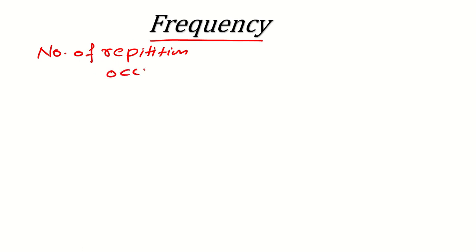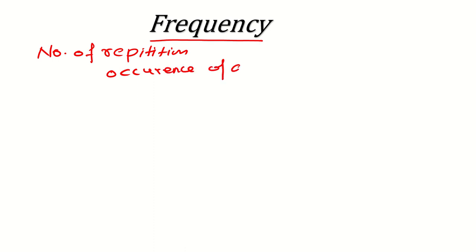The first term in this lesson is frequency. What is the meaning of frequency? Frequency means the number of repetitions of a number, or you can say the occurrence of a number.